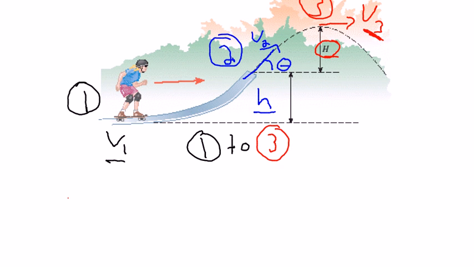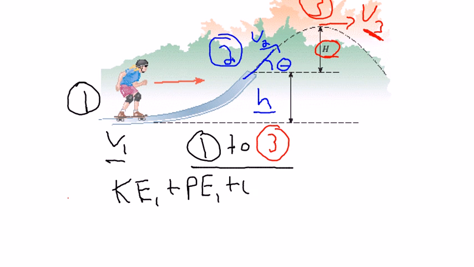So if we look at the conservation of energy from point 1 to point 3, the equation would look like this: kinetic energy at point 1 plus potential energy at point 1 plus any work done by non-conservative forces is going to be equal to the kinetic energy at point 3 plus the potential energy at point 3.